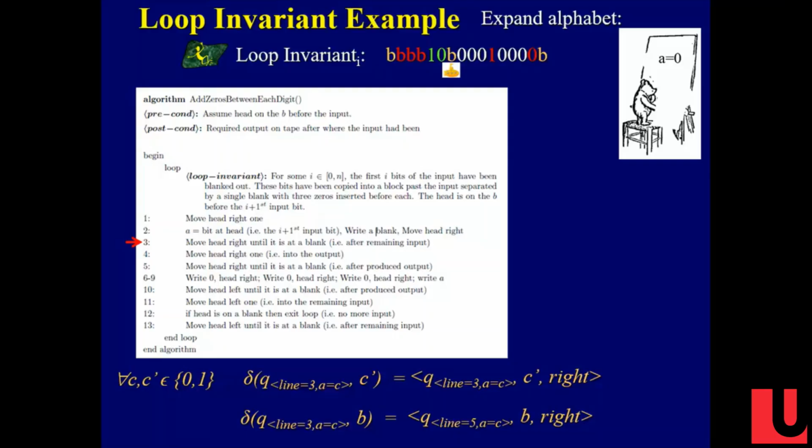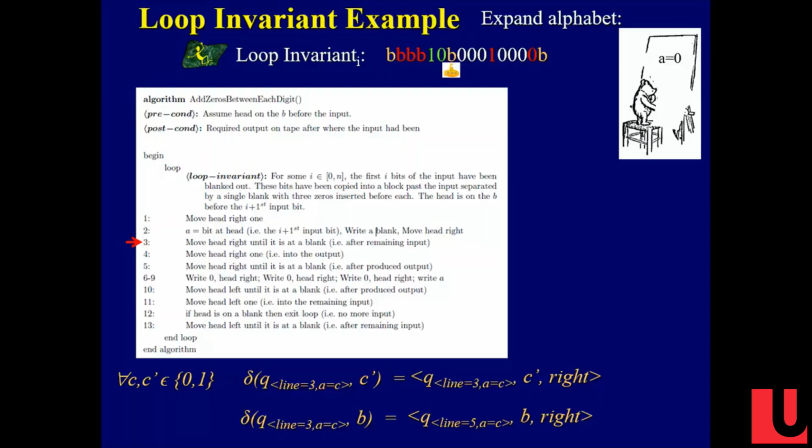Well, these are two cases. Case 1 says, if I'm in this state and I read a C prime, move your head and write the same character there. So I'm flipping through here.